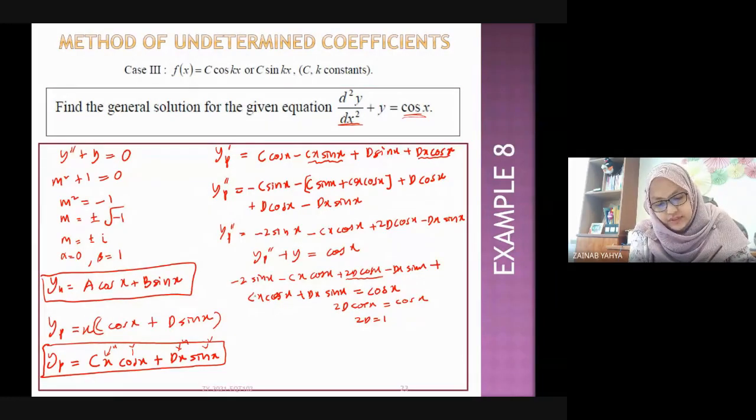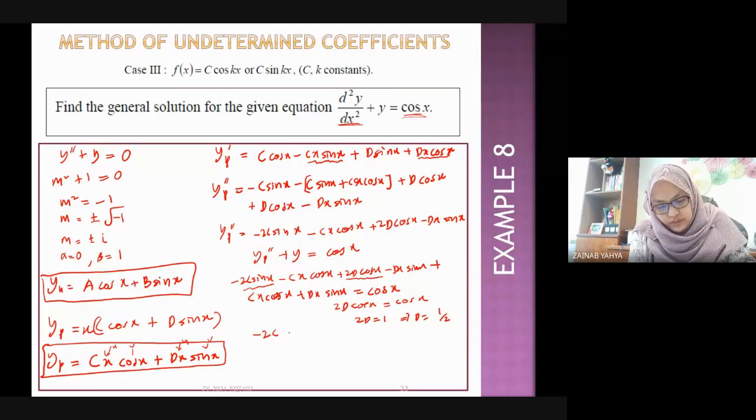So 2d equals 1, right? And then for the sin x here, negative 2c. Sorry, it's not 2, it's c. Negative 2c. So d equals 1 over 2.